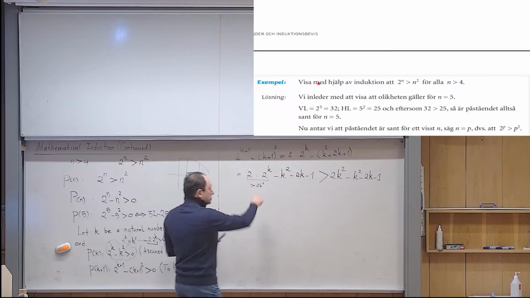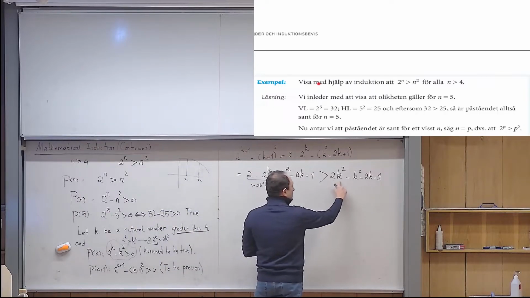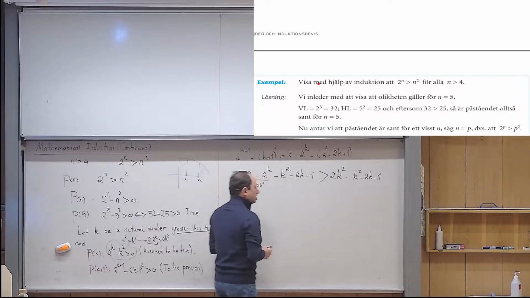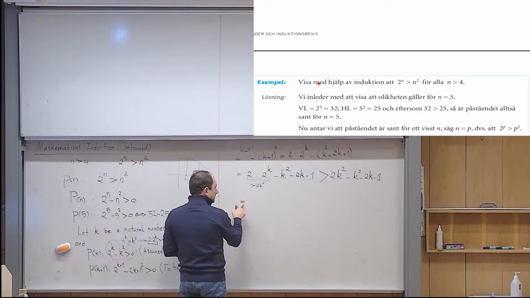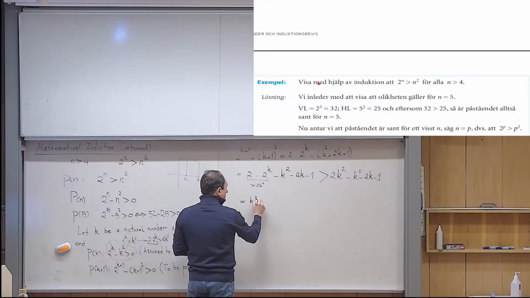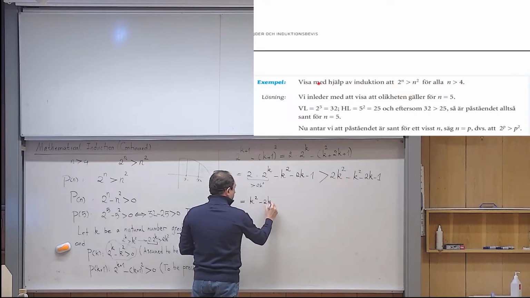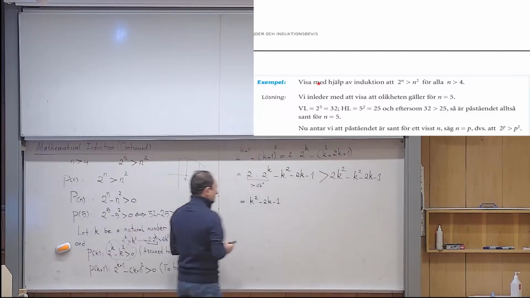But then I can continue this a little bit because now 2k squared minus k squared can be simplified. So what can I write? This becomes now equal to k squared minus 2k minus 1.